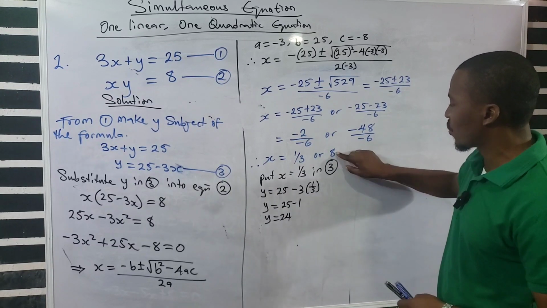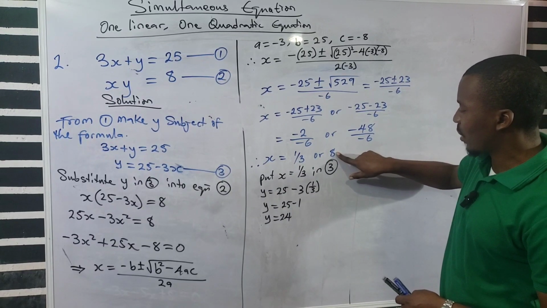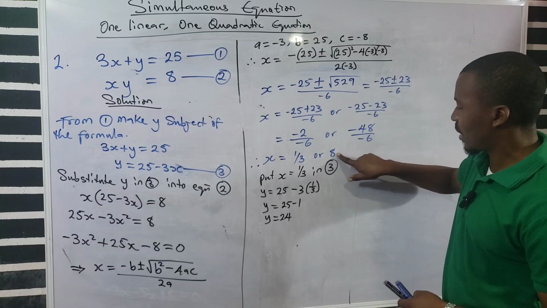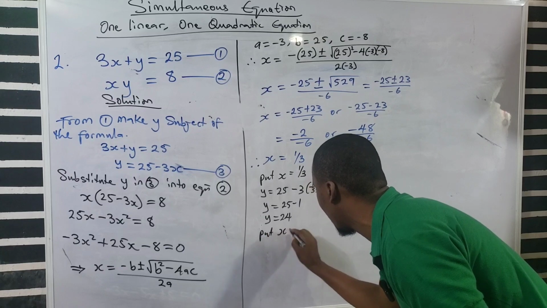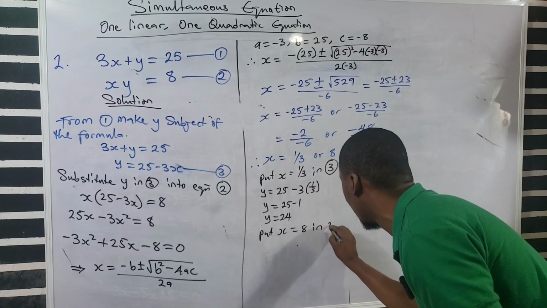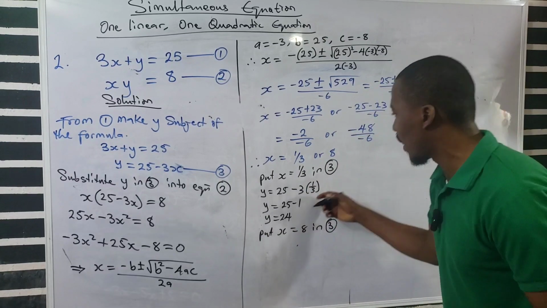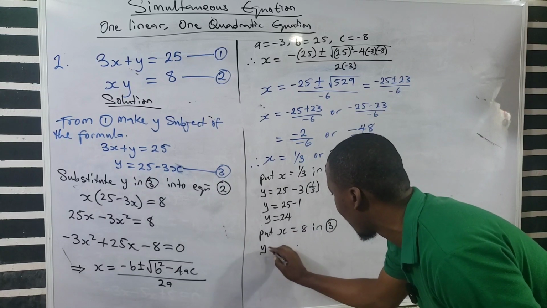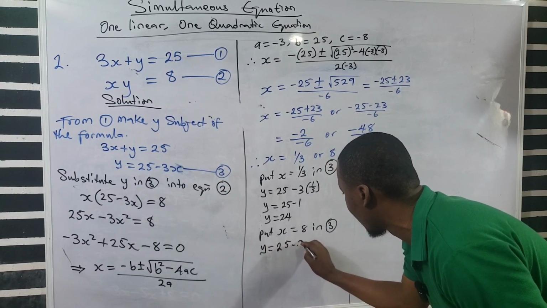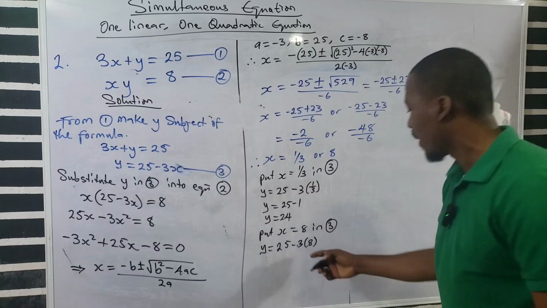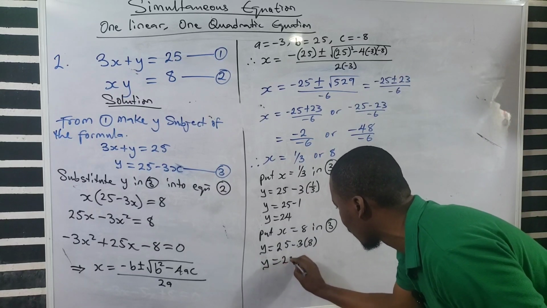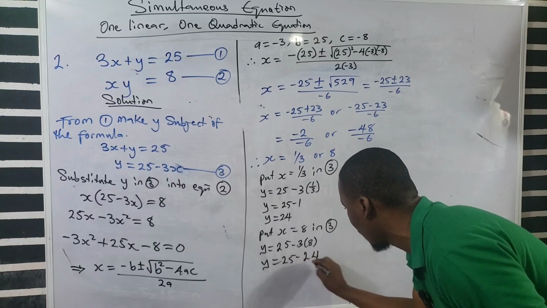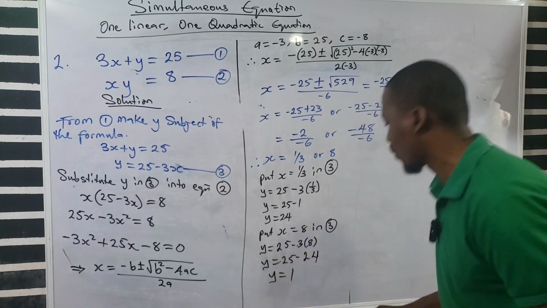So the next thing now is to put in equation 3 x as what? 8. So when you do that, you are going to have y equals 25 minus 3 into 8. 3 times 8 will give you 24. So y equals 25 minus 24, so that will give us y equals 1.